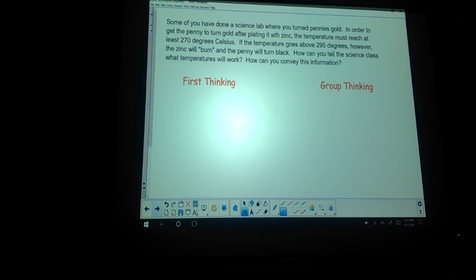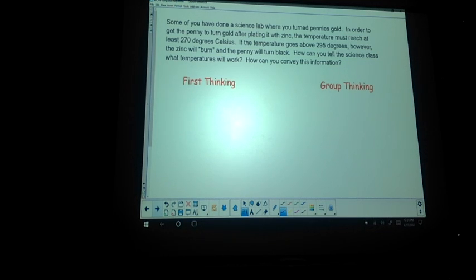So in order for the penny to turn gold after plating it with zinc, the temperature must reach at least 270 degrees Celsius. If the temperature goes above 295, however, zinc will burn and the penny will turn black.